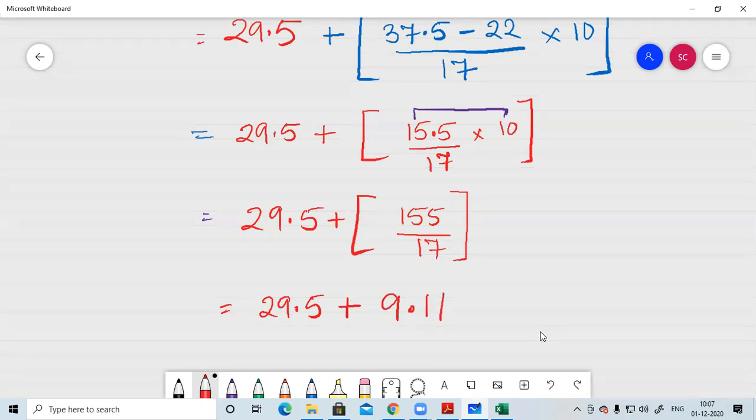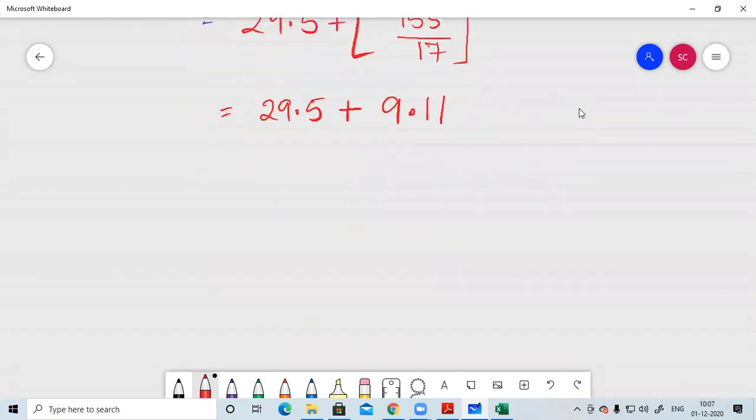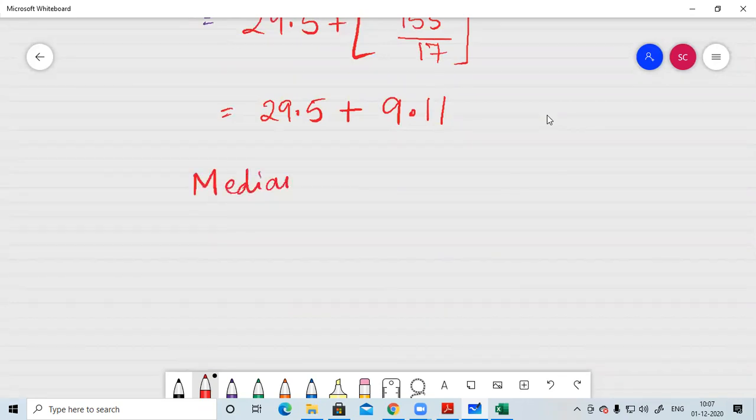So you can keep it as 9.11. The technical rounding off will be 9.12. So your median will be equal to 29.5 plus 9.12, or 9.11, which is equal to 38.61. Is this understood? Yes, sir.